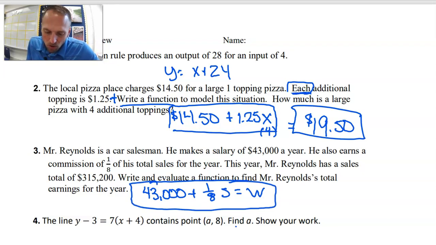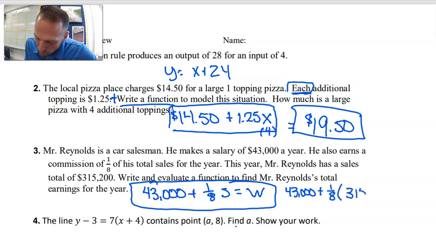Now, I want to know his sales total is $315,200, so we're going to take $315,200 and put it in for S. So it's $43,000 plus 1/8 times $315,200. And let's see what that comes out to.